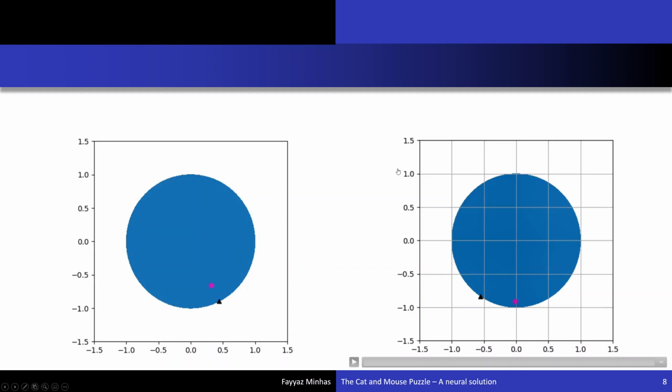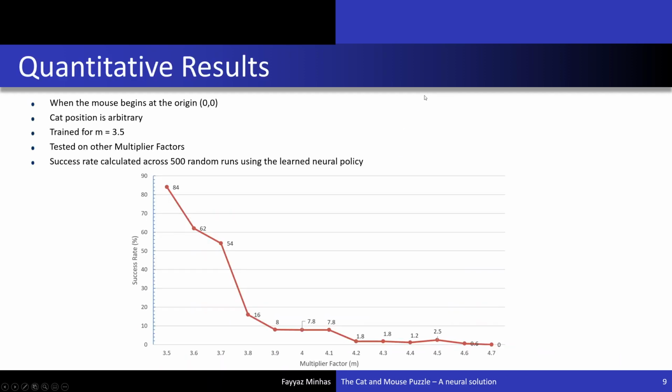Okay, so I also have some quantitative results. What's interesting is that if you train this whole neural network strategy with a multiplier factor of 3.5, we get a success rate of 84%. That means if I run this 100 times, then 84% of the time, starting at any location of the cat, the mouse is able to escape from the origin.